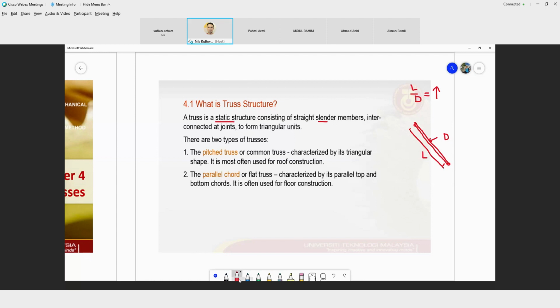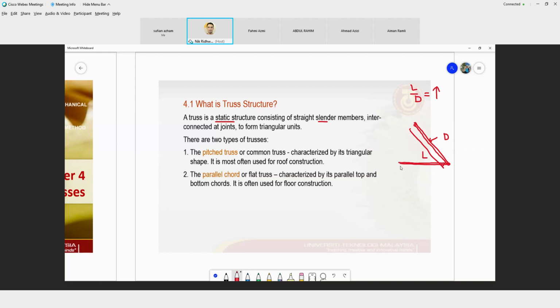And then dia cakap intersect at a joint. So biasanya at the end of this slender members ni kita treat dia sebagai joint lah. And then dia cakap to form a triangular unit. So kalau nak jadi triangular unit kena ada berapa? At least kena ada 3 kan.